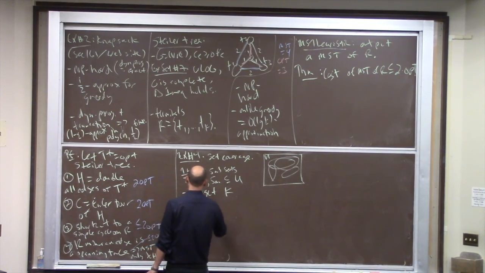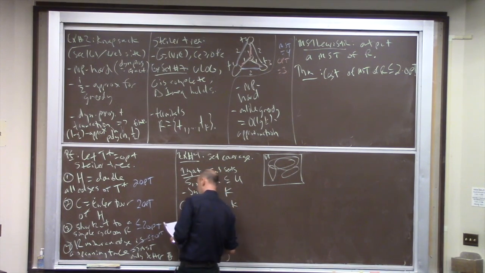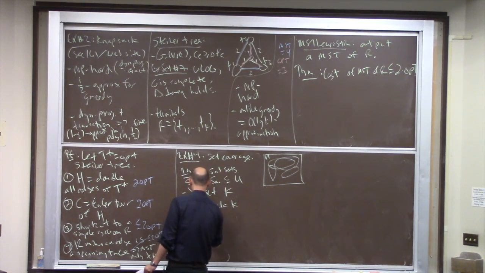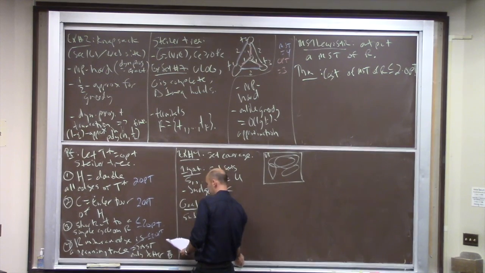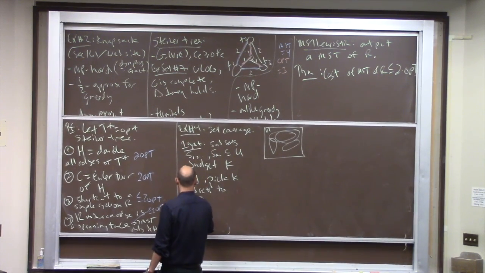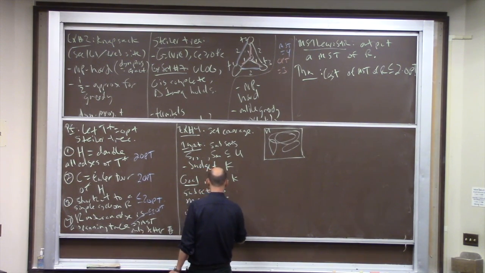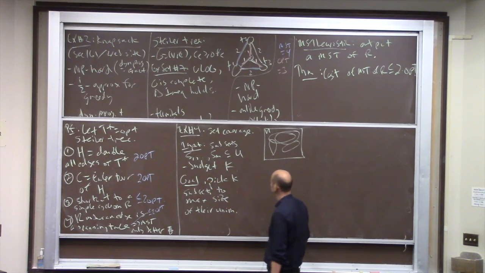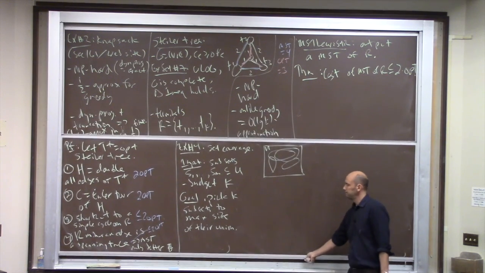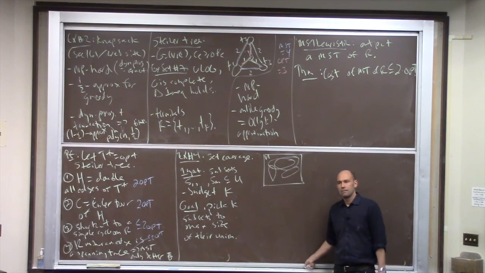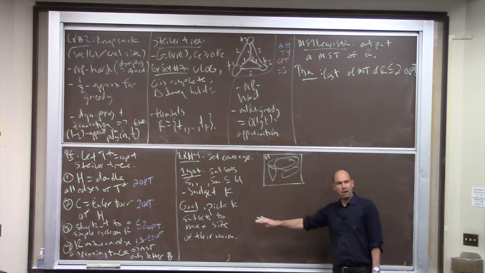So the goal: pick K subsets to maximize the size of their union. Okay? So it's clear what the problem definition is?